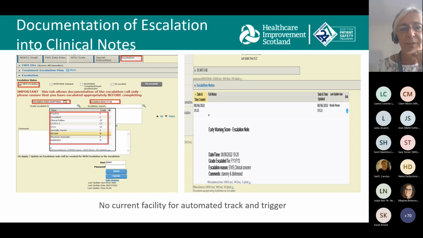So what grade of staff the patient has been escalated to, and what the clinical concern was, whether it was news score, clinical concern, high lactate, or suspected sepsis, or any other reason for escalation, can be very easily documented into this tab. And then that enters directly into the clinical patient record. So it's very easy for staff to document that escalation.